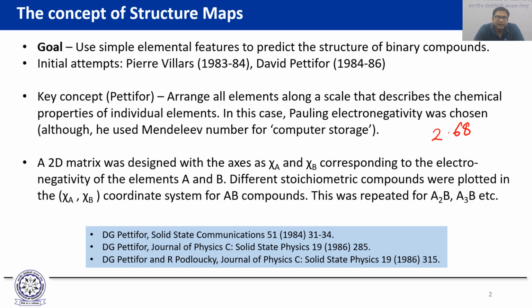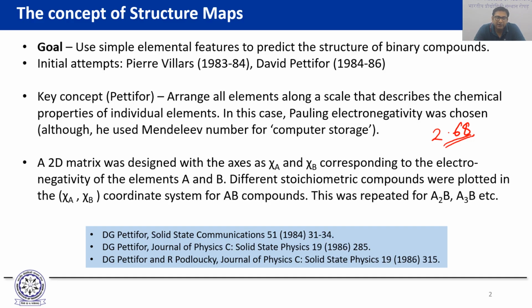So back in the 1980s, when computers were not quite as powerful and computer storage was a problem, Pettifor didn't want to use that type of numbers for the purpose of storing the data for his computer code. And so he decided that instead, while he wanted to arrange all the elements according to Pauling's electronegativity, he also wanted to use a much simpler numbering system.